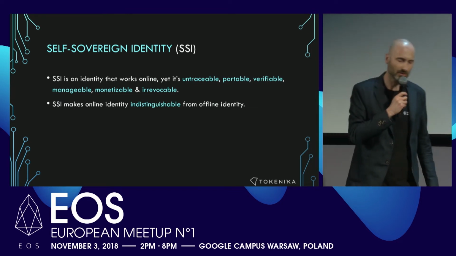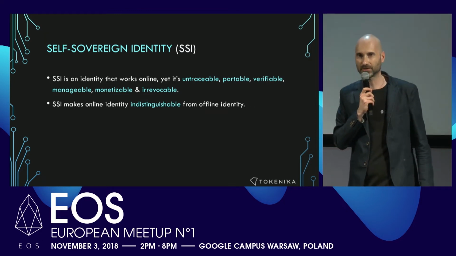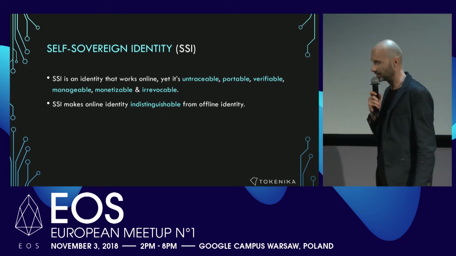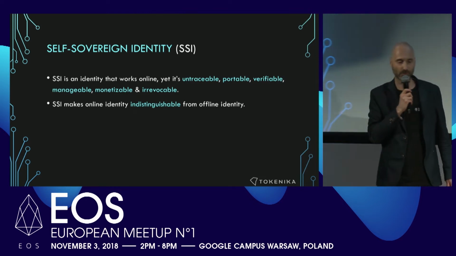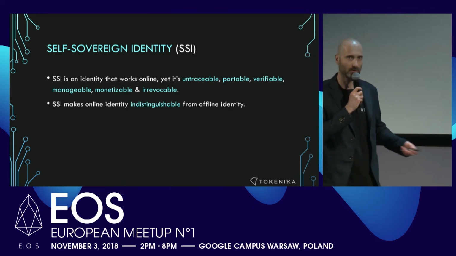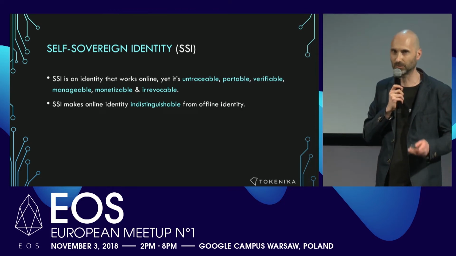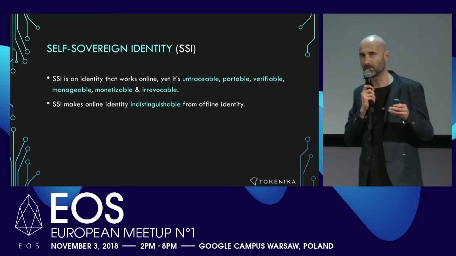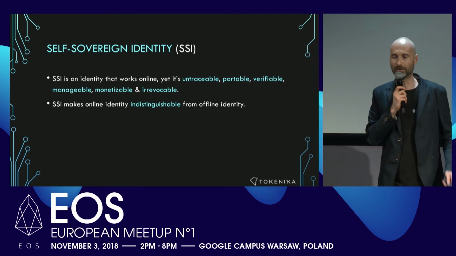This is similar to Dan Larimer's statement that he wants to make the apps working on EOS, decentralized apps, indistinguishable from centralized apps. This is a very bold statement, and I think it is an equally bold statement that self-sovereign identity makes identity working online indistinguishable from working offline.